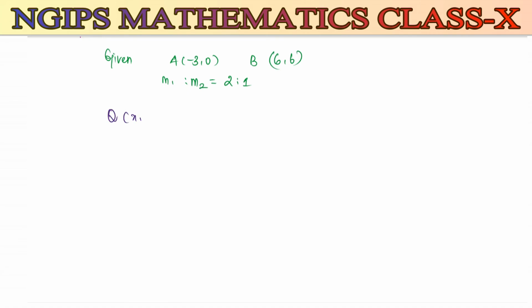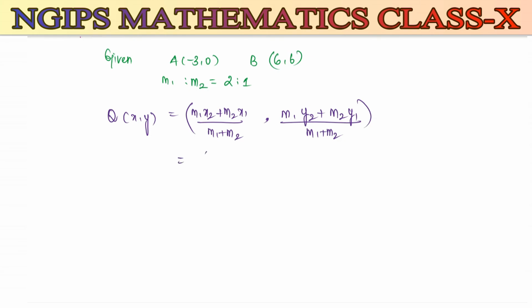Q of x comma y is equal to (m1 x2 plus m2 x1) divided by (m1 plus m2), comma (m1 y2 plus m2 y1) divided by (m1 plus m2). So m1 we have here is 2. This is x1 y1, x2 y2.